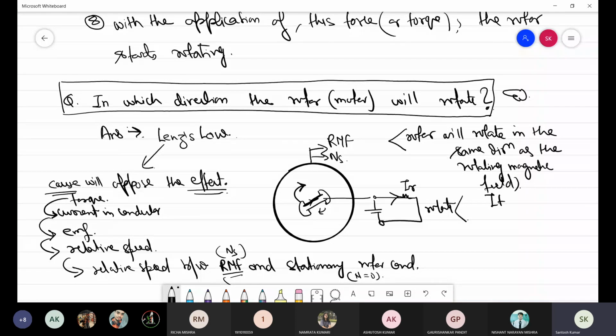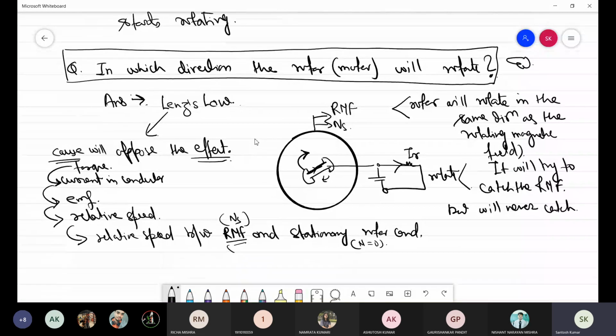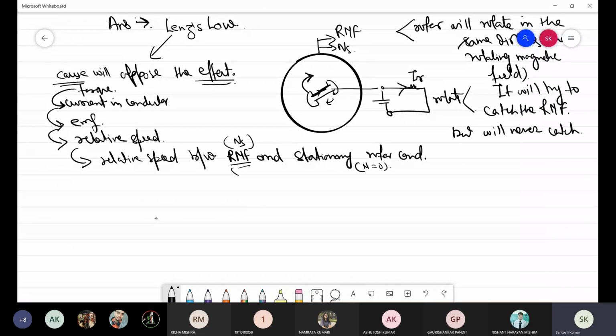So it will try to catch the rotating magnetic field, but will never catch it. So what will happen? It will always slip away. So the rotor will always slip away. So what is slip?